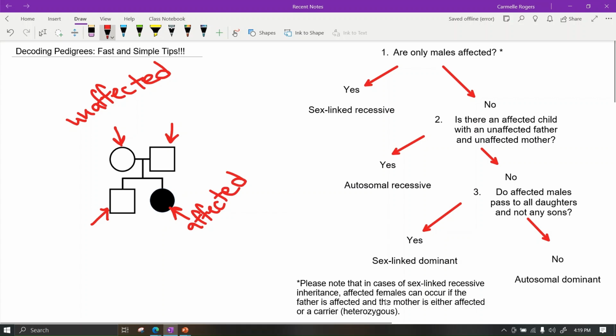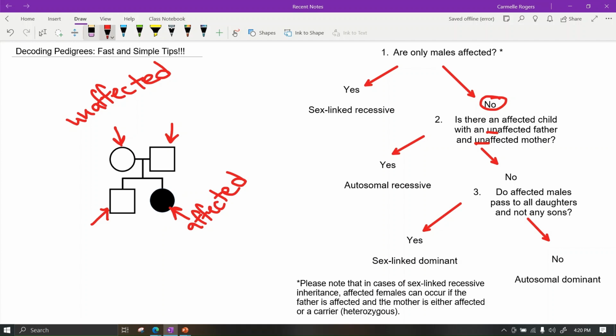When we use this flowchart, the first question we're asking is, are only males affected? And here we see that a female is affected, so the answer is no and we can go to the next step. In the second step, it says, is there an affected child with an unaffected father and an unaffected mother?